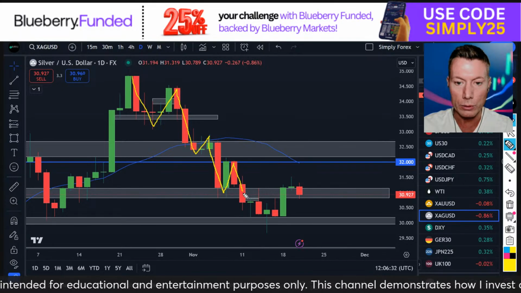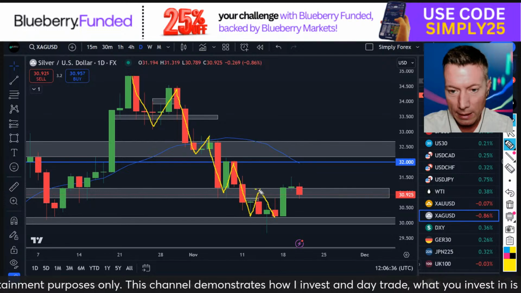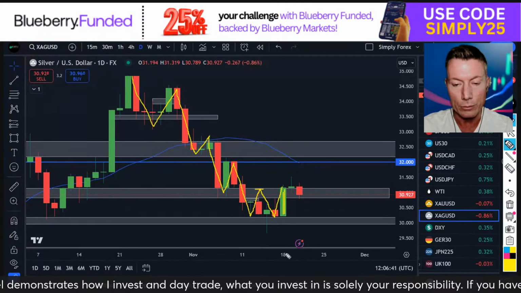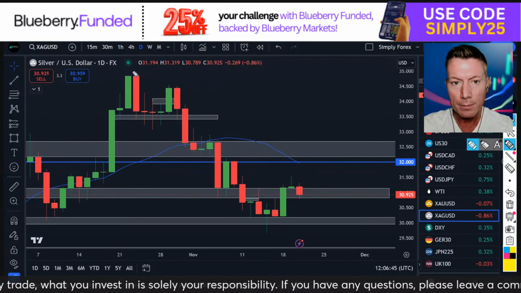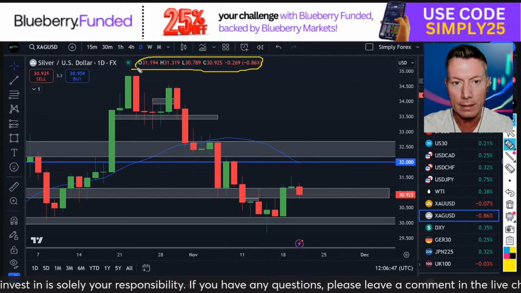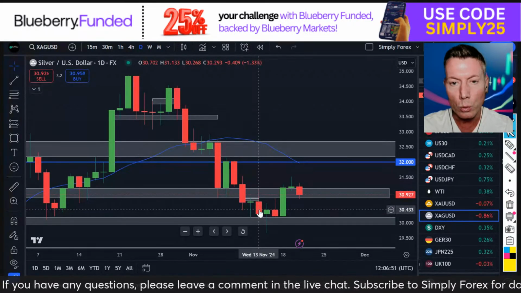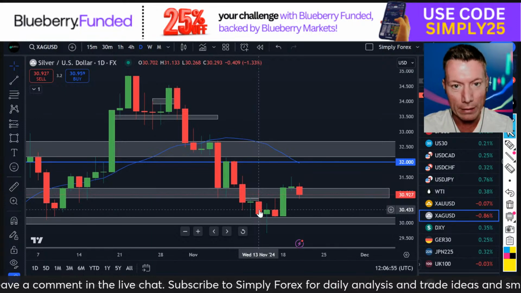And if we just follow silver down, you could see this last high was broken with this bullish green candle. And if you're not sure, guys, you can see these numbers up here. If I hover over this candle, you will see the high was 31.133.